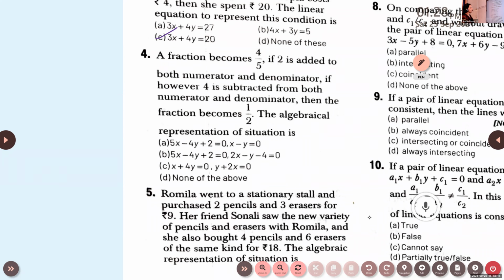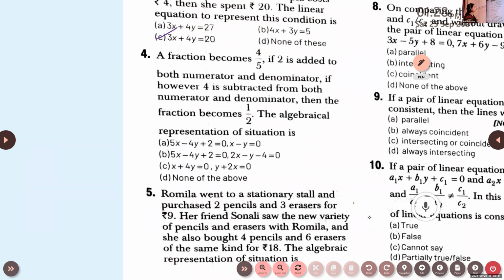If, however, 4 is subtracted from both the numerator and denominator, then the fraction becomes 1/2. The algebraic representation of the situation is, try to solve it. Just try to check which is the answer.